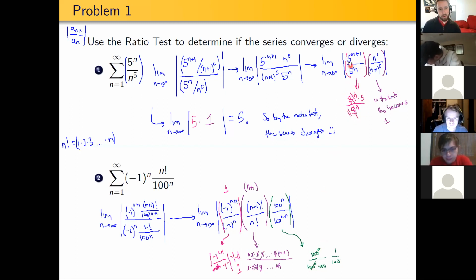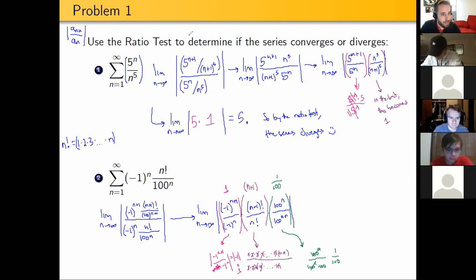These exponential expressions behave very similarly. With a 5 to the n, the ratio test left us with a 5. With a 100 to the n, the ratio test leaves us with a 100. In this case, the 100 is in the denominator, because the exponential term was in the denominator. So we end up with this expression of 1 over 100.